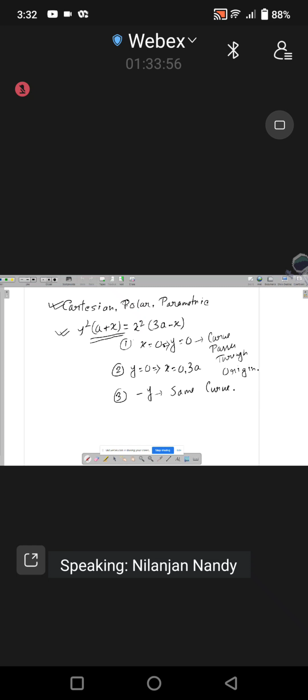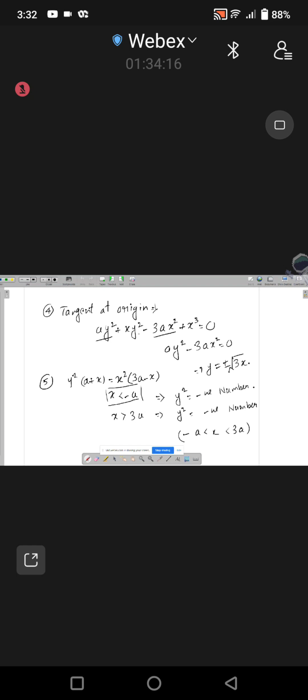First of all, you are checking from which points the curve is passing. You are next checking how the curve symmetry is. Basically this is symmetric about the x-axis, because if you substitute y equals minus y, you have the same curve. Next, you are finding the tangent at origin by equating the lowest degree terms and making it 0. You can see y equal to plus minus 3x, which is the tangent at origin.